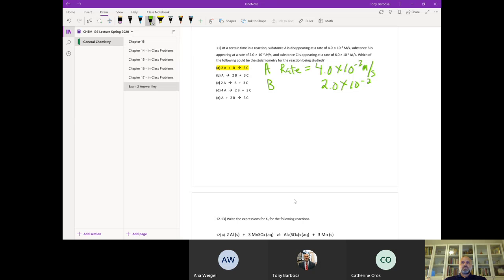Let me go to Canvas guides. Sorry, I don't know why it's not showing. I didn't know that you couldn't see the answers.